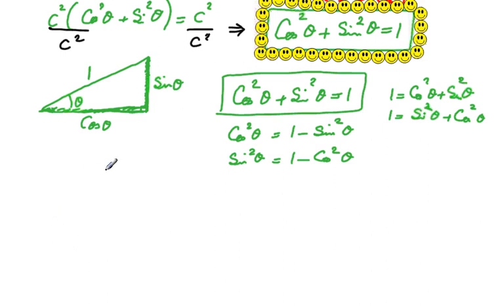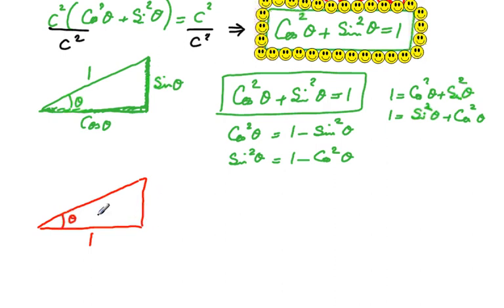Now, we are going to modify this identity in several directions. One of them is to say, perhaps the application that I have in mind will take the adjacent to be 1. This angle is still theta. If adjacent is 1, what is the opposite? Remember?